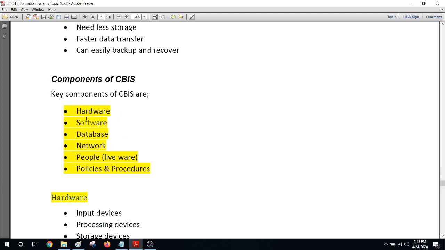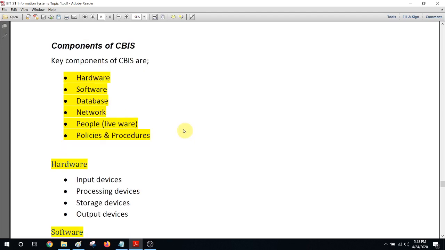But we have extracted database and network as separate concepts because an information system is not just a computer, right? Because the database is a very important part, we have separated it out from the software, though database is also a software, right? And also we have the network and policies and procedures.